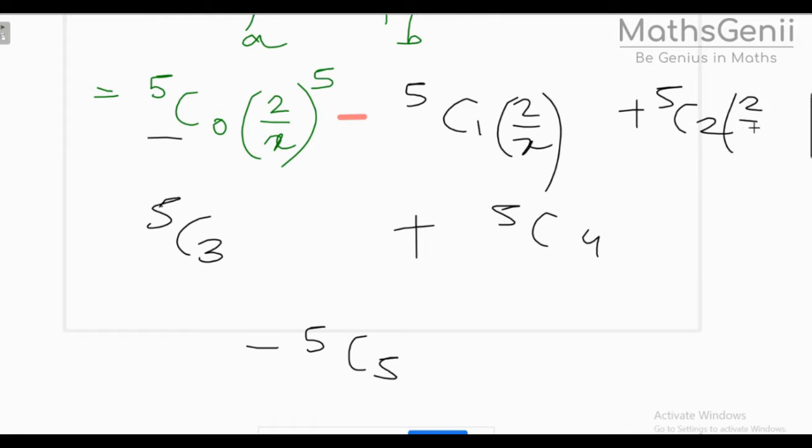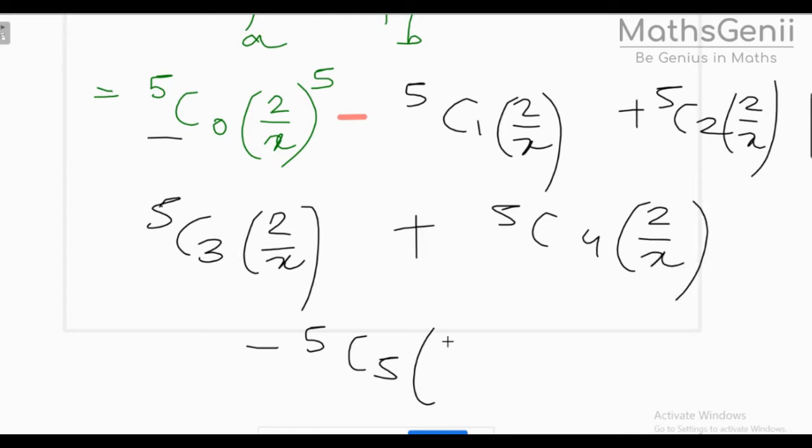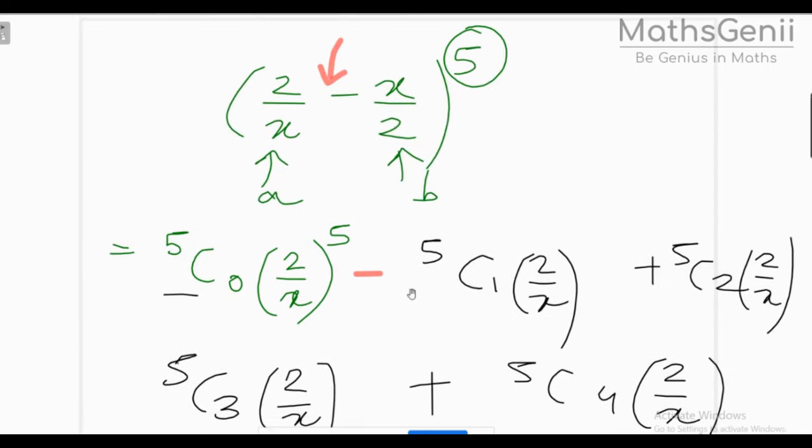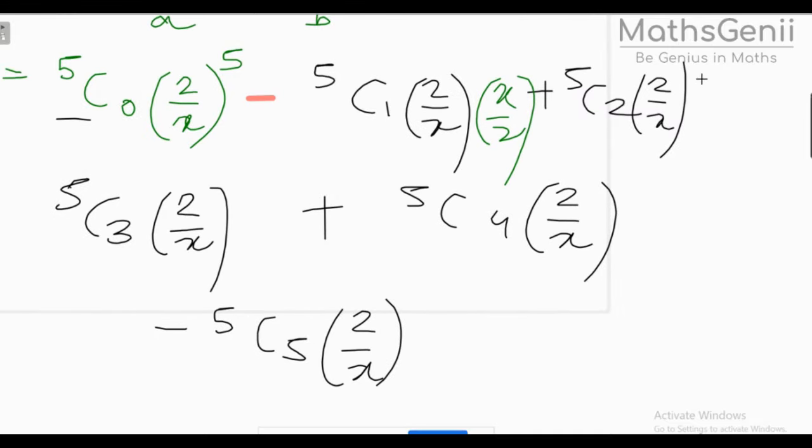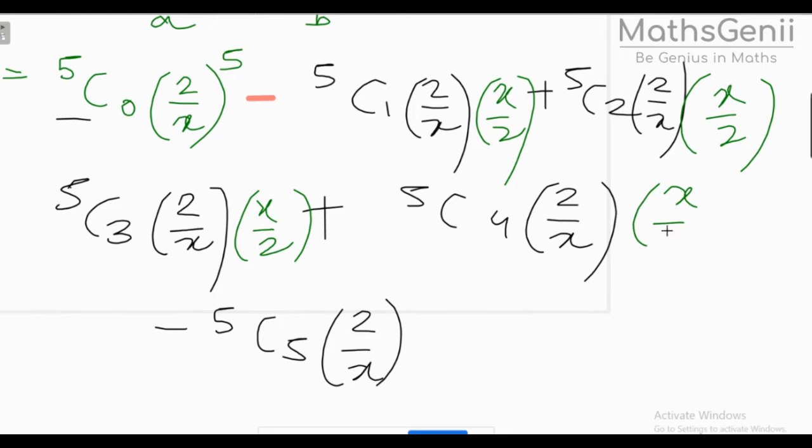This is my A. And then I will also have B everywhere. What is my B? X by 2. So X by 2 everywhere.